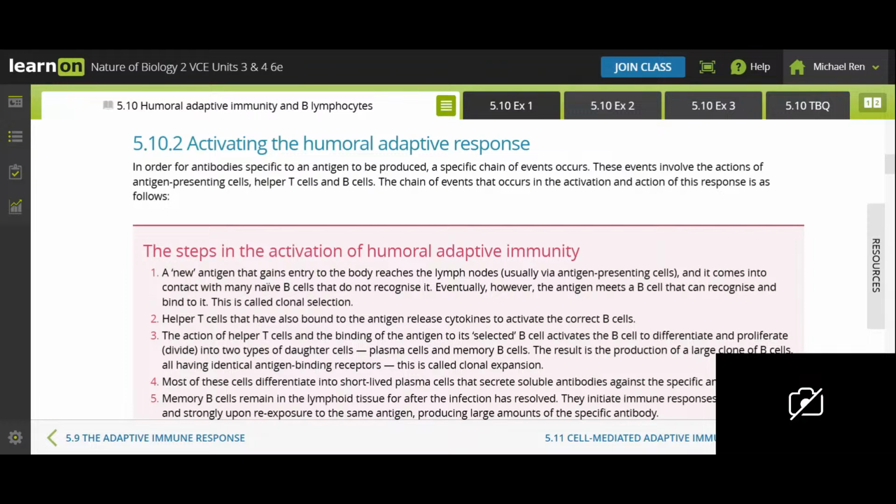The Th cell bound to the antigen also releases cytokines which activate the correct B cells, which bind to the antigen. They differentiate into plasma cells and some memory cells.